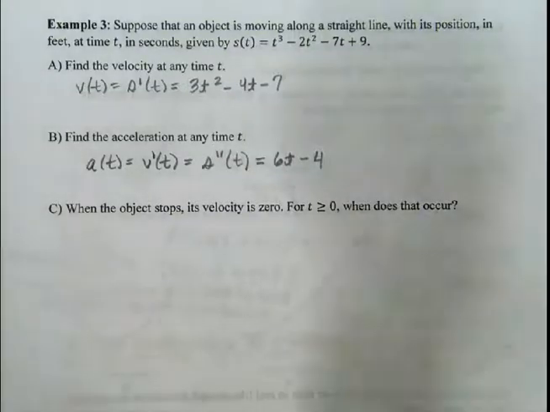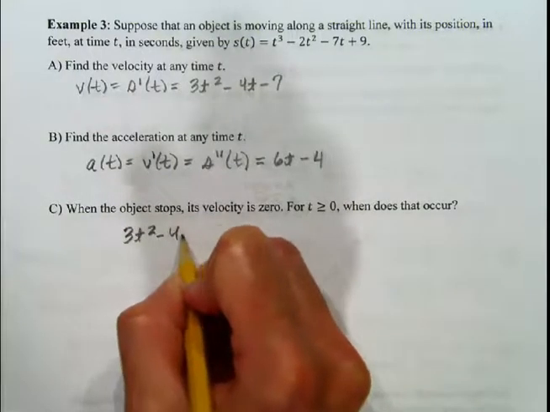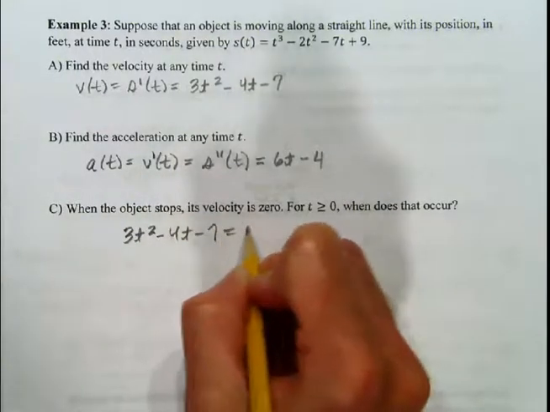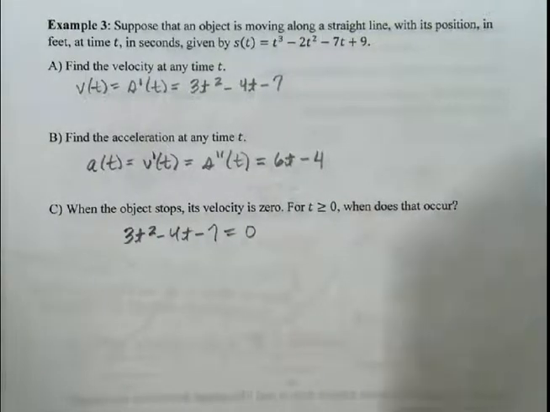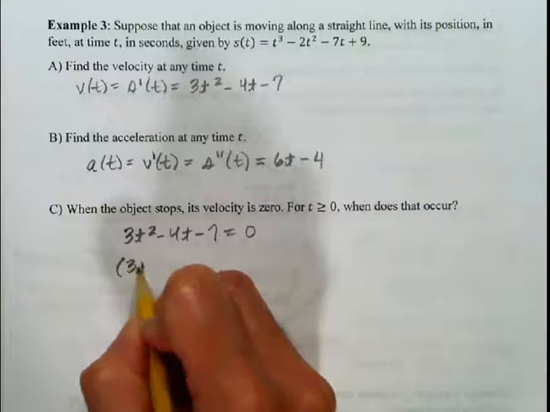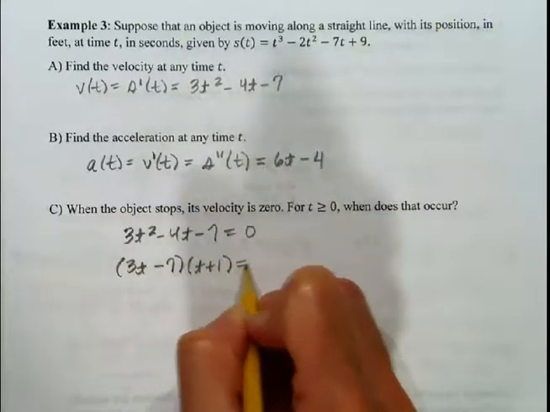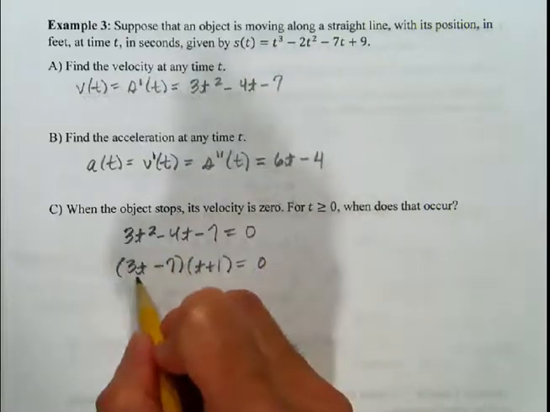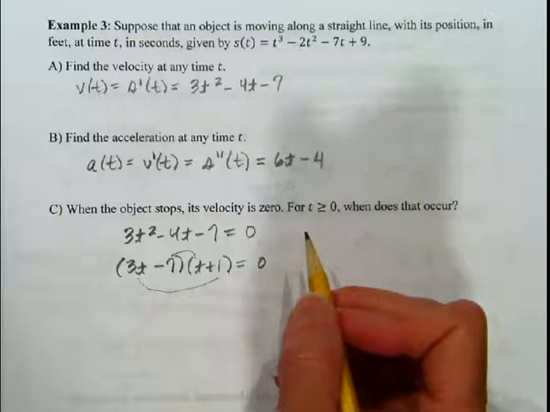Now part C, when the object stops, its velocity is 0. When does that occur? So if we want velocity equal to 0, I take my velocity, set that equal to 0, and then solve it. This one should factor. I think it does: (3t minus 7)(t plus 1). Would that work? Because that gives us plus 3t minus 7t.